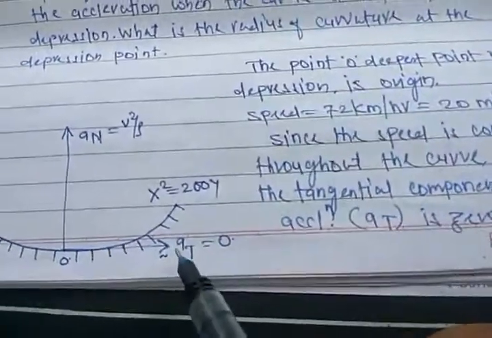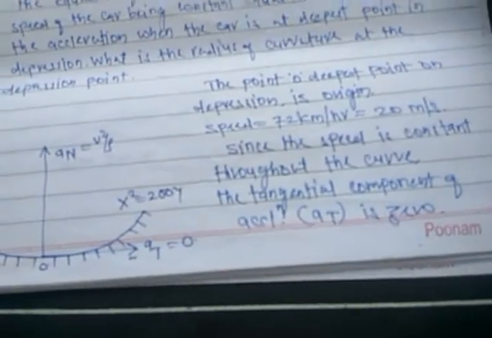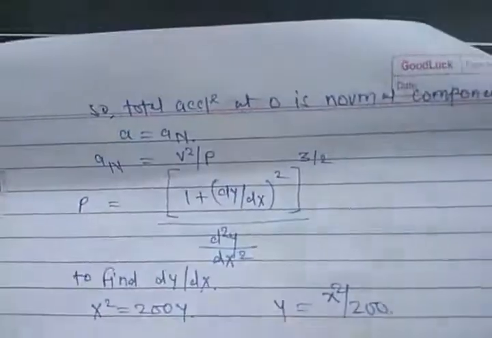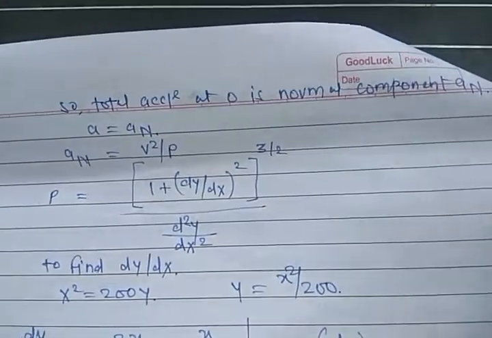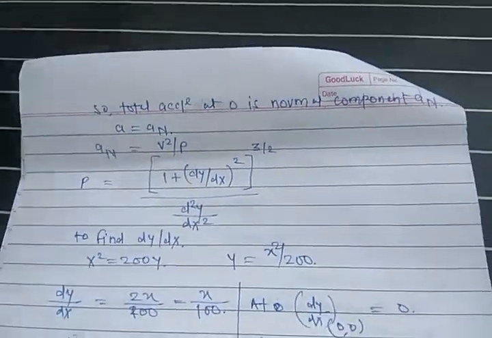Next, total acceleration at O is equal to the normal component an. So a is equals to an only.